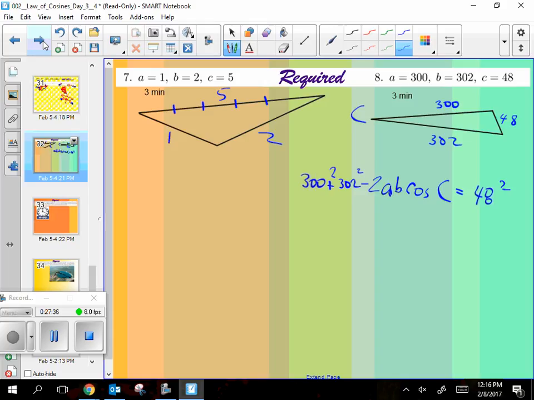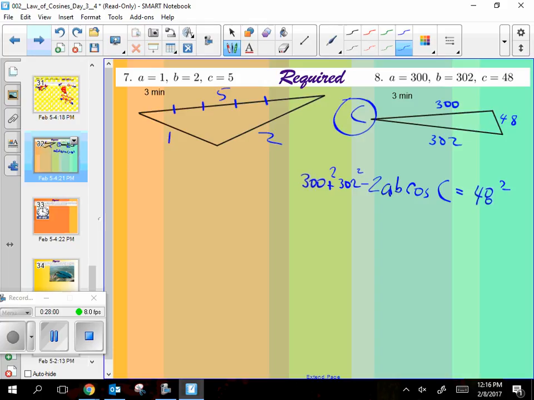And then lastly is number 8. I have labeled it the way I wanted, but do you notice that it won't matter which one I pick for C? I can pick and solve for any of the angles, but whichever one I call C, that's the one I'm solving for. Get what I'm saying? Some people have this misconception that C is always the biggest angle.